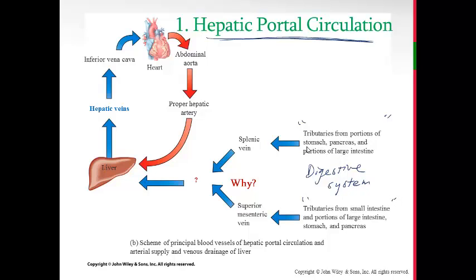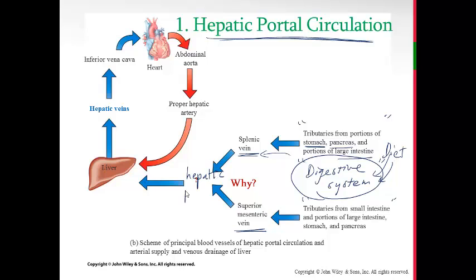Could be from the stomach, pancreas, large intestine, but pretty much overall it is your digestive tract. They are going to absorb all the goodies from your diet, and they're going to go through their own drainage system and back to what we call the hepatic portal vein.